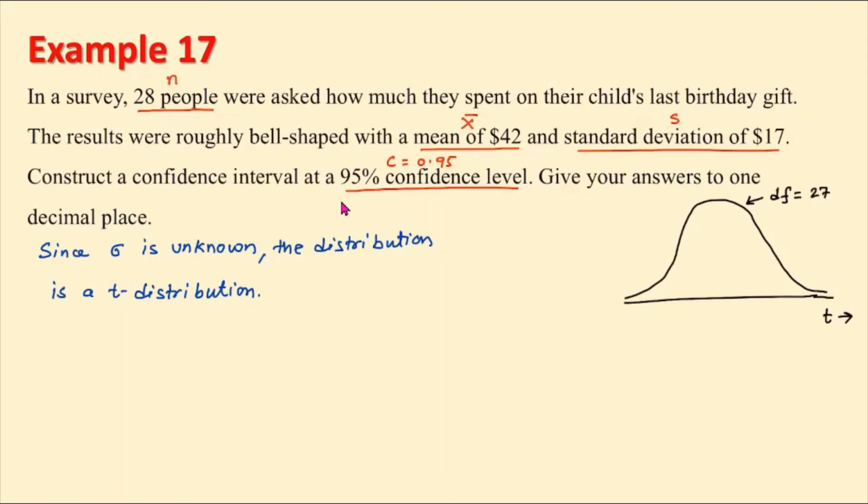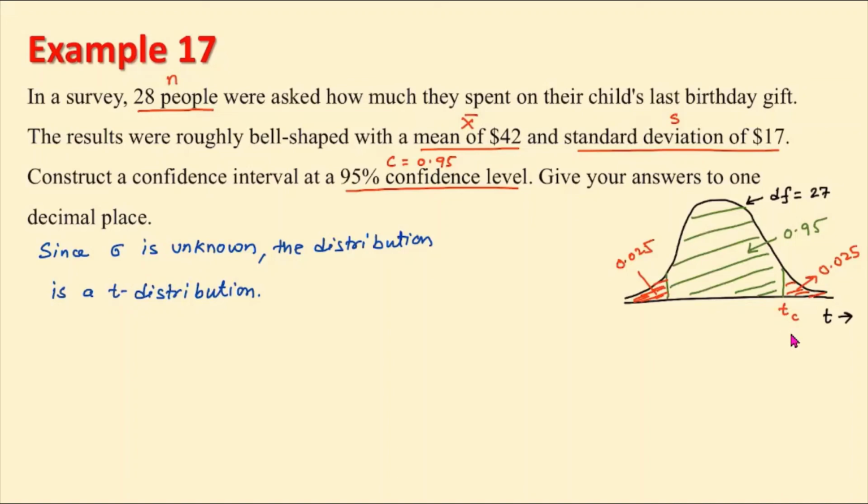We are looking for a 95% confidence interval, which means the middle area is 95%, or 0.95. Then the remaining 5% is divided on the two tails, 2.5% on each tail, 0.025 on this side and 0.025 on the other. The value here is the t critical.